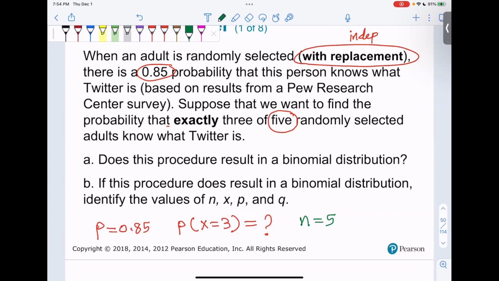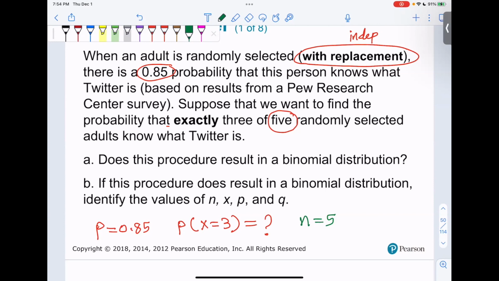The third one is 2 outcomes: when we pick one person and ask him, his answer will be yes, I know, or no, I don't. So a fixed number of trials, independent, 2 outcomes, and the probability of success is constant from trial to trial.